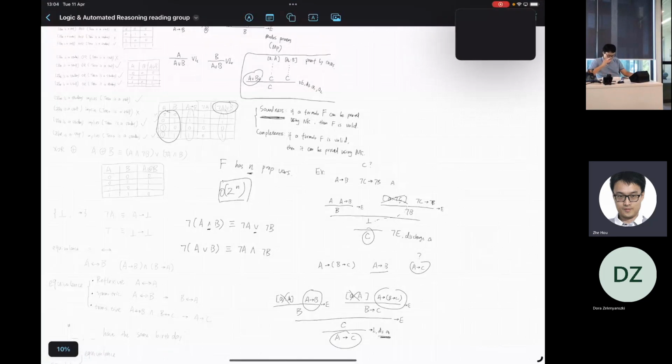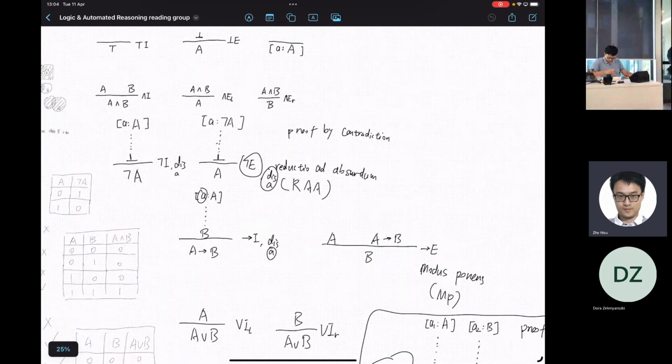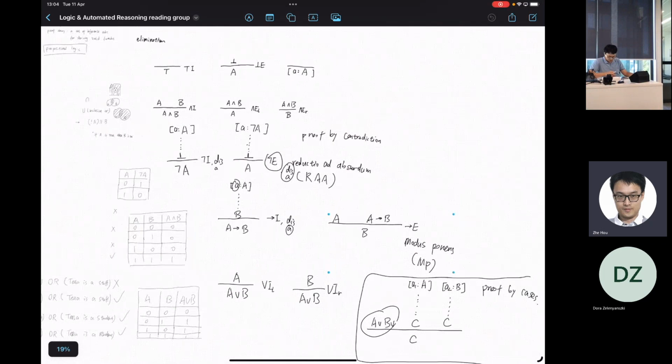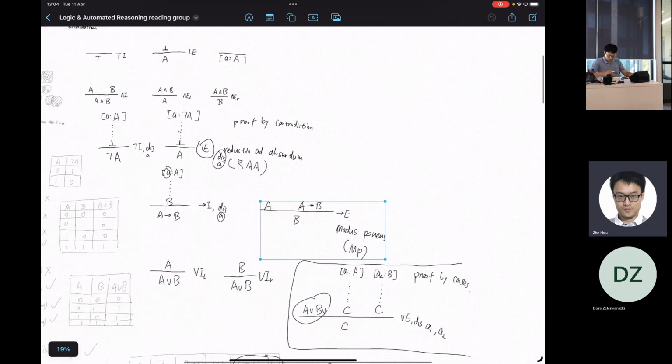So, just a recap, because it's been a week. Last time we talked about natural deduction. And we talked about a few inference rules, actually a set of inference rules in natural deduction.